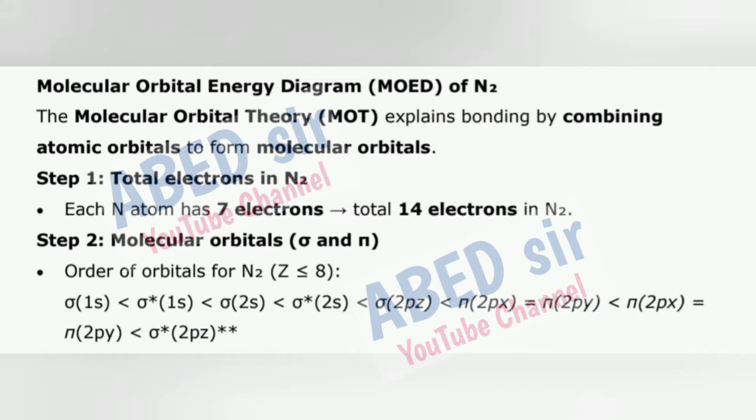Step 2: molecular orbitals, sigma and pi. Order of orbitals for N2, Z less than or equal to 8: sigma 1s, sigma asterisk 1s, sigma 2s, sigma asterisk 2s, pi 2px equal to pi 2py, sigma 2pz, pi asterisk 2px equal to pi asterisk 2py, sigma asterisk 2pz.